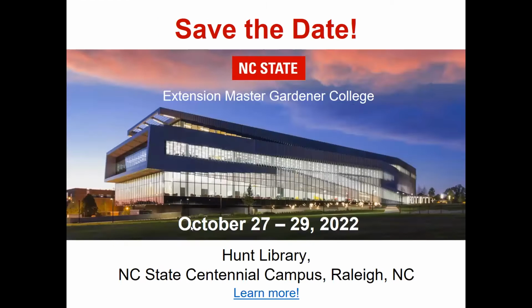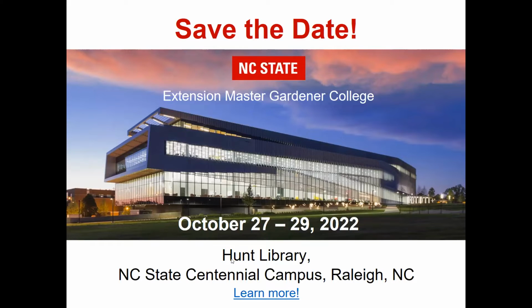So check those out. Also, I hope you're saving the date, holding on your calendar October 27th through the 29th. That will be the Extension Master Gardener College, which will be held at Hunt Library on Centennial Campus. And our focus will be gardening in a changing climate.